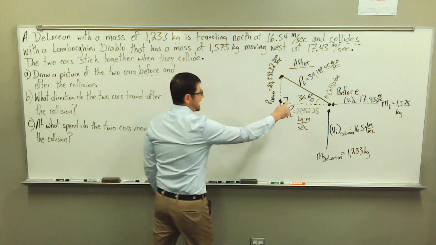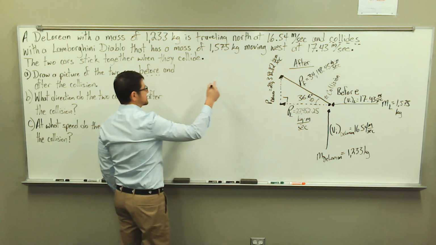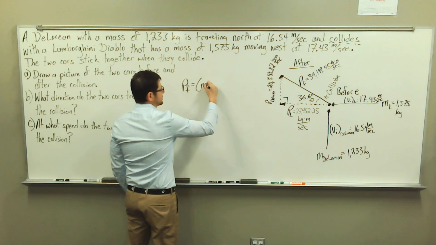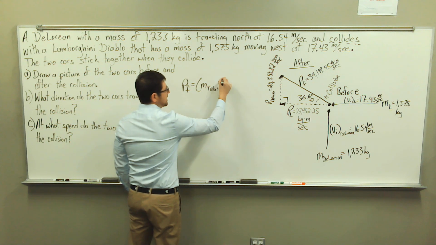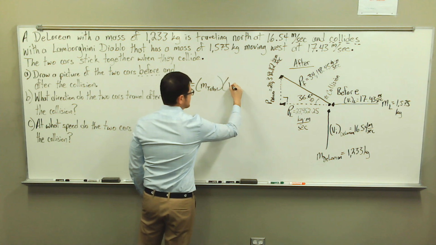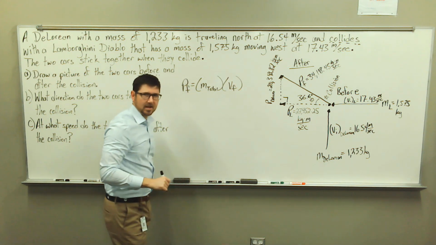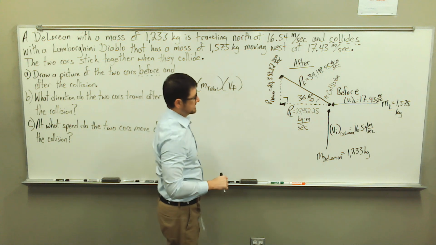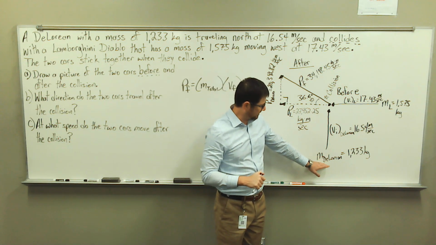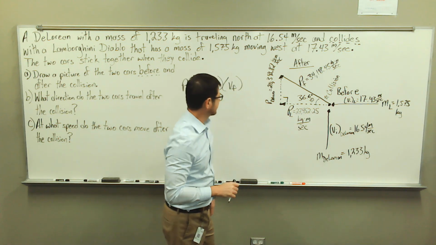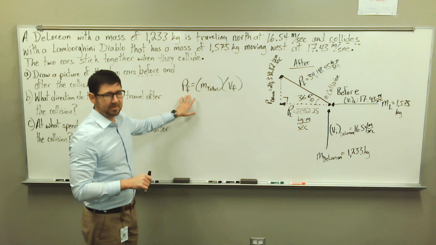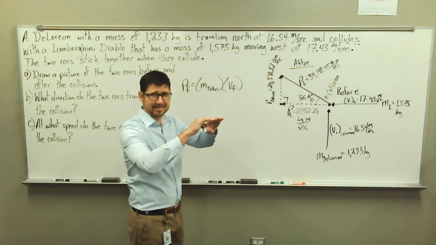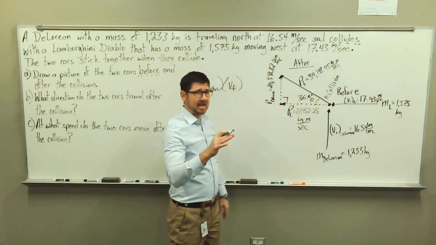So our final momentum is equal to the total mass of the system times the final velocity, okay? Well, we know the total mass is just the sum of the mass of the DeLorean and the Lamborghini. Remember, the two cars are stuck together and slide immediately after the collision.